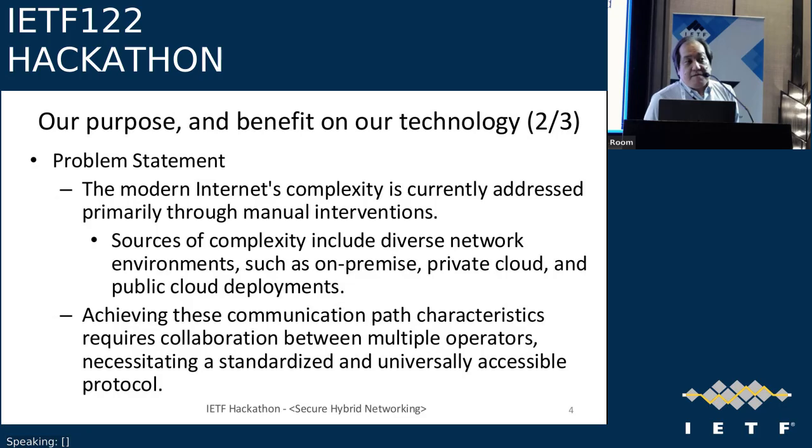The problem is that in such use cases, the modern internet's complexity is currently addressed primarily through manual interventions, like configuration by network engineers. They are trying their best to get the intended network, but ensuring that continuously is a different problem.